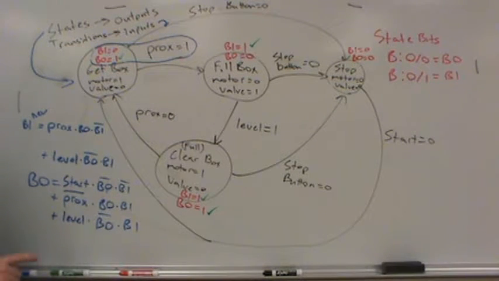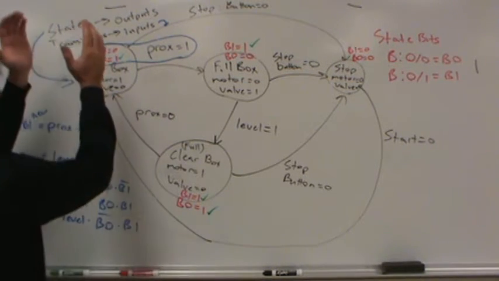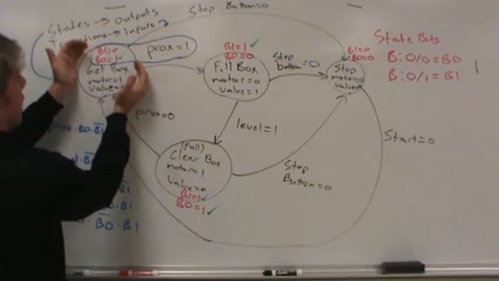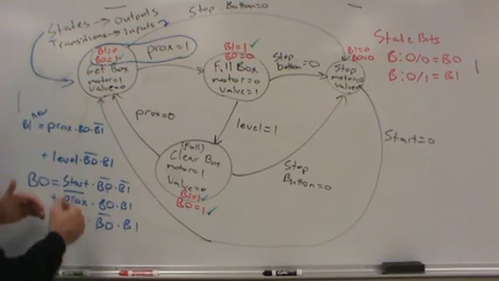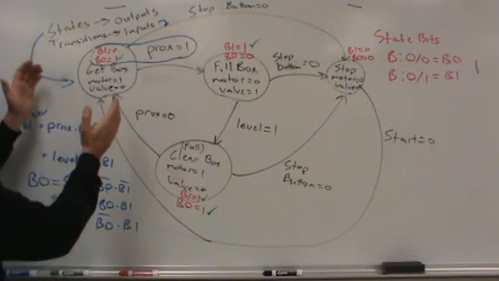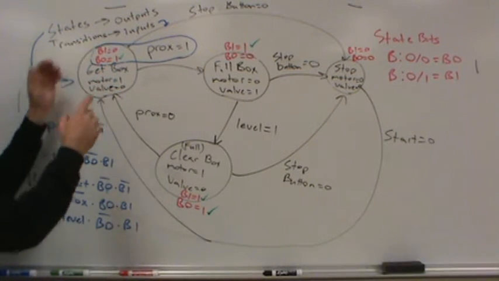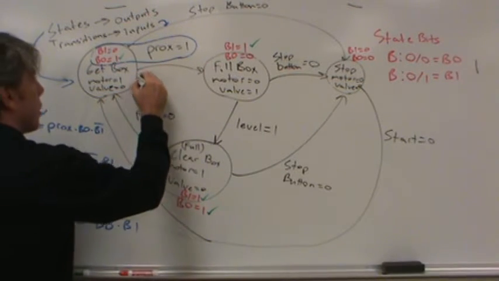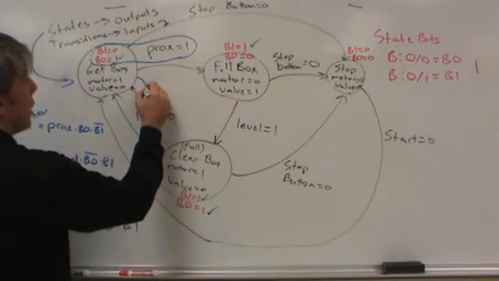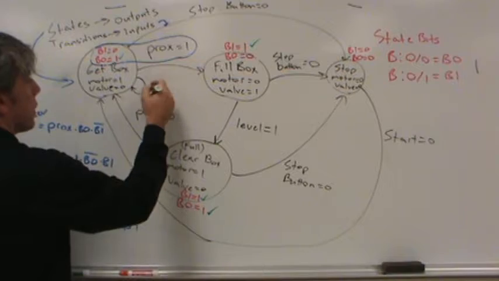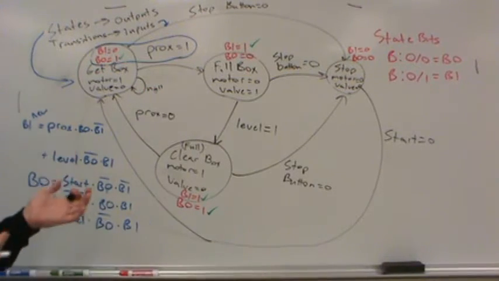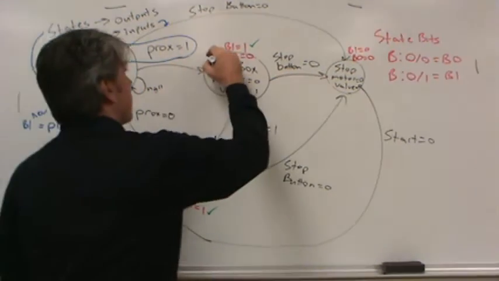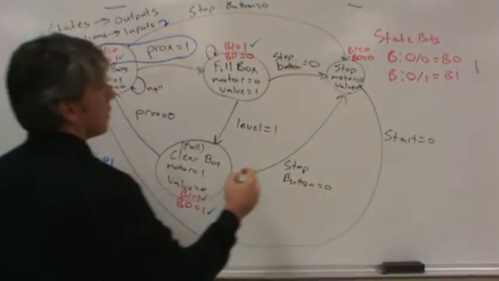There's one catch. Think about it. If the PLC is in this state and it runs through these equations, it needs to be able to stay in that state. So there is an understood transition that is what I would like to call a null transition. In other words, by default, every state will simply go back to itself.